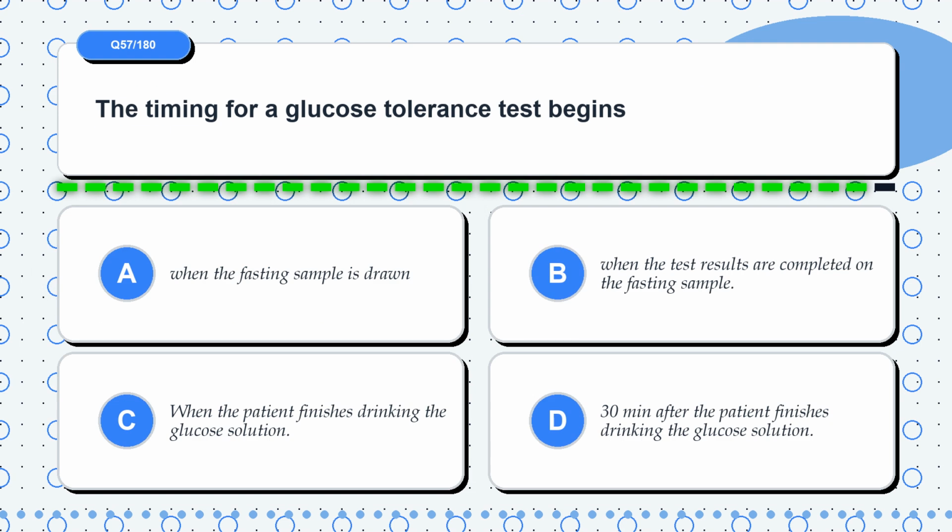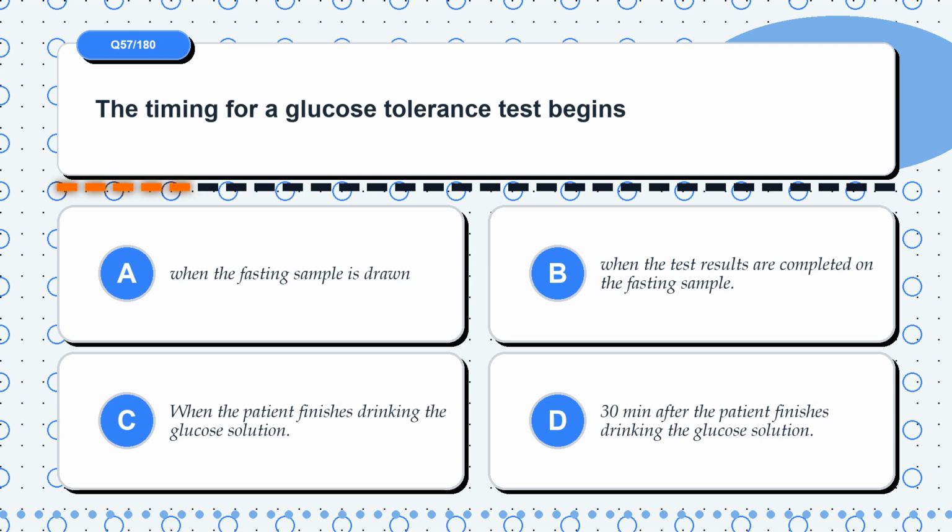Question 57. The timing for a glucose tolerance test begins. Here are the options. Option A, when the fasting sample is drawn. Option B, when the test results are completed on the fasting sample. Option C, when the patient finishes drinking the glucose solution.